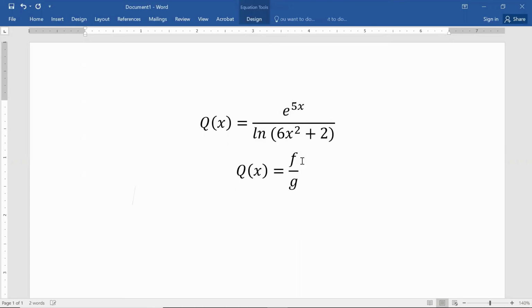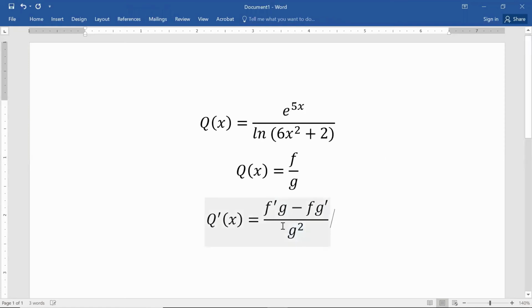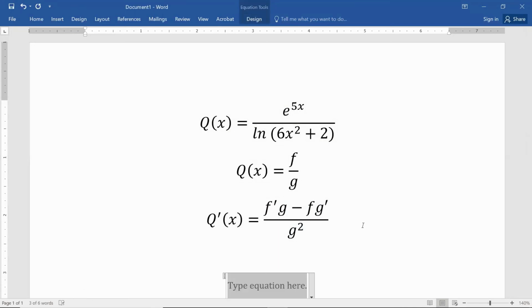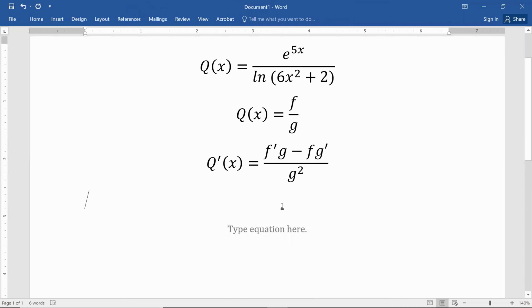Think about what's going to happen with the quotient rule. When I take a derivative, I get a fraction, which is f prime times normal g, minus f times g prime, divided by g squared. Every time I take a derivative of f or g, I'm going to have to utilize the chain rule. So let's see if we can do this.